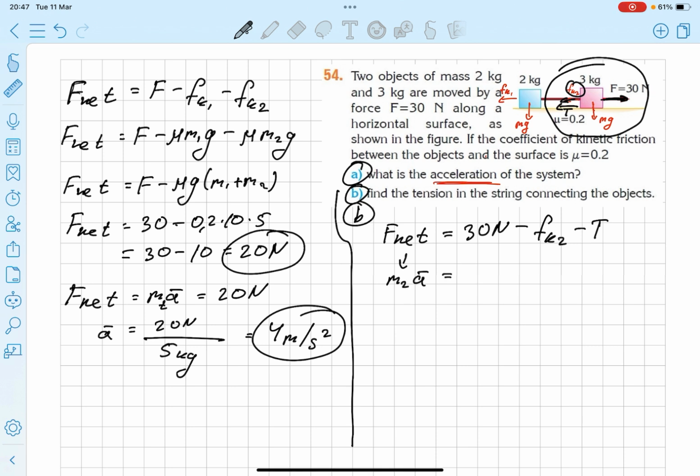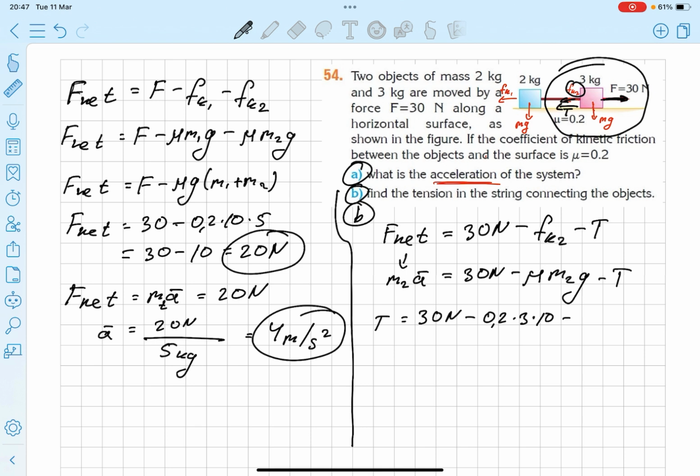It will be equal to 30 newtons minus the force of kinetic friction, which is mu m2 g, minus the tension. So the tension will be equal to m2 a. It is equal to 30 newtons minus 0.2 times m2, 3, times 10, minus the F net.